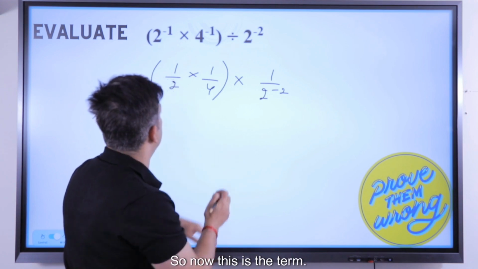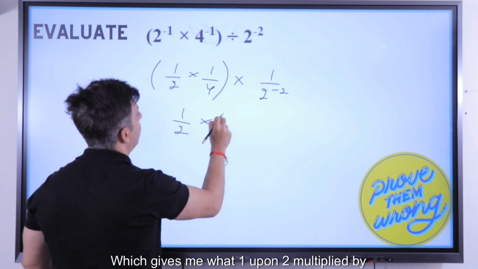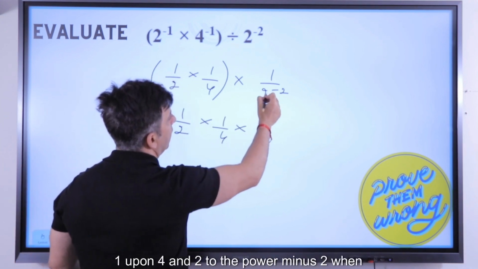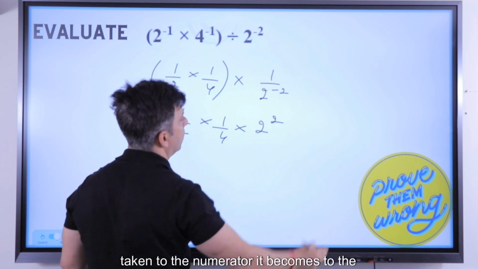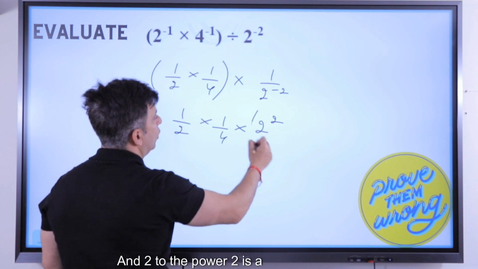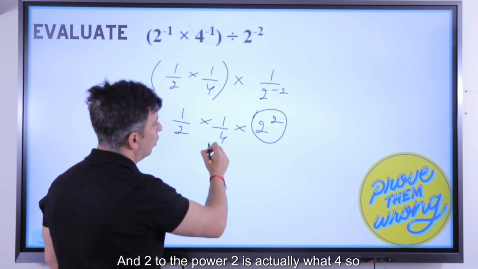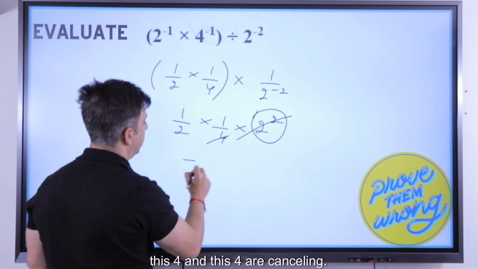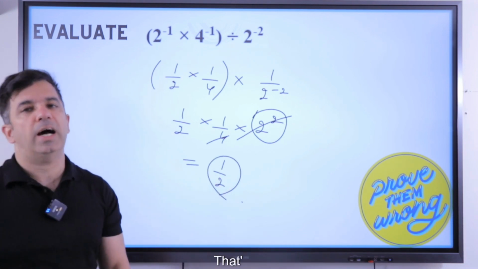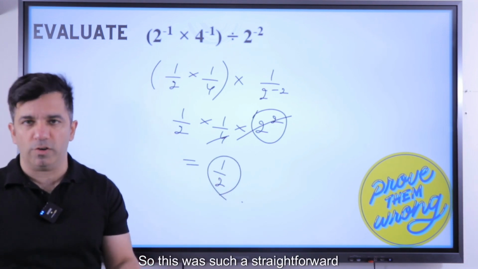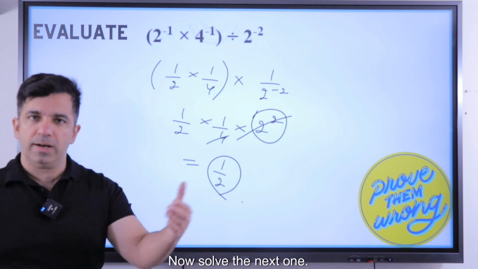So now this gives me 1 upon 2 multiplied by 1 upon 4, and 2 to the power minus 2 when taken to the numerator becomes 2 to the power 2. And 2 to the power 2 is actually 4. So this 4 and this 4 are cancelling, and my answer is straightforward, 1 upon 2. That's it. So this was such a straightforward question. Now solve the next one.